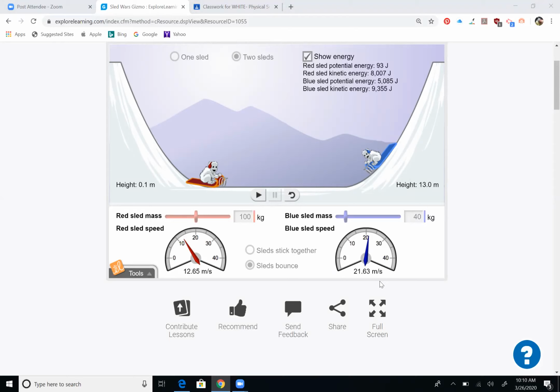No. Is the total energy before collision and after collision the same? Yeah. So the answer would be yes. So, we'll just say the total energy before and after are the same.